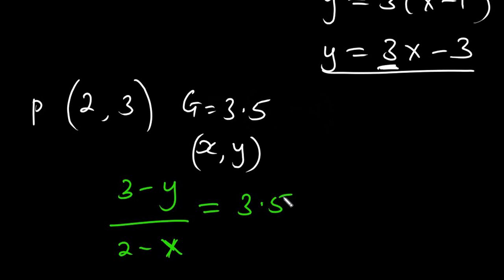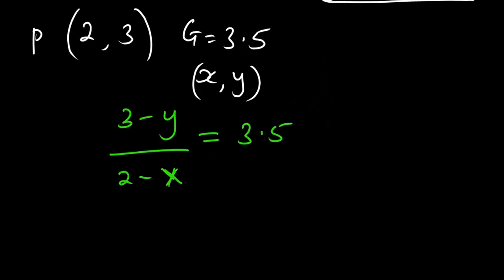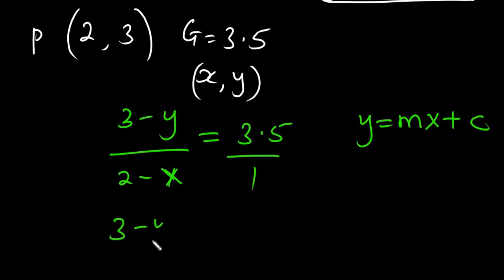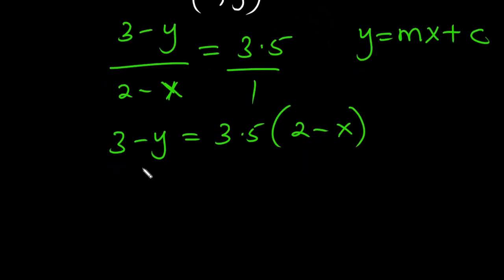Okay, so we can cross multiply this so that we make it in the form y is equal to mx plus c. So let's cross multiply that. It's going to be 3 minus y is equal to 3.5 multiplied by 2 minus x. So we need to make it into that form.